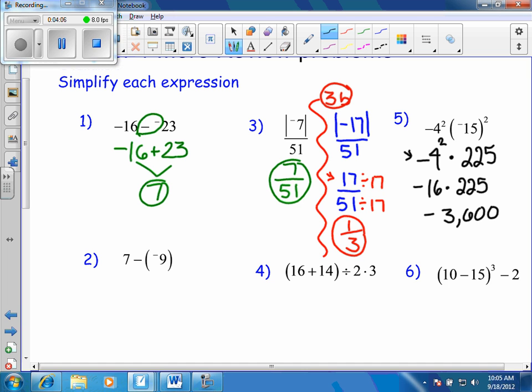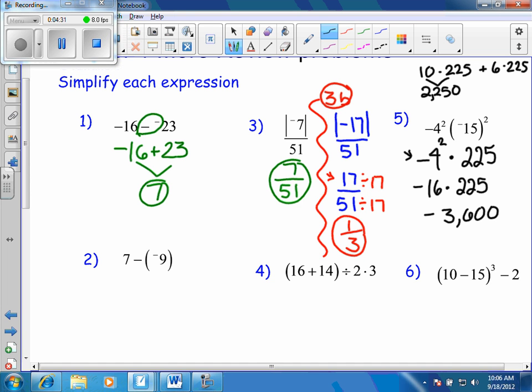What did you get, Adam? Okay, so let's check it. So you could do 10 times 225, right? And that would be 2,250. Use the distributive property. And then add 6 times 225. That might make it a little bit easier.